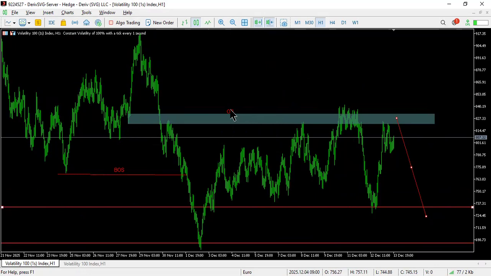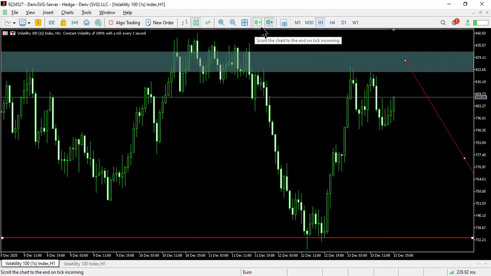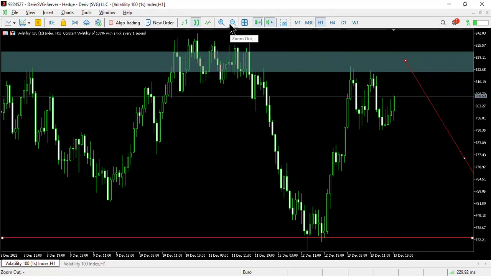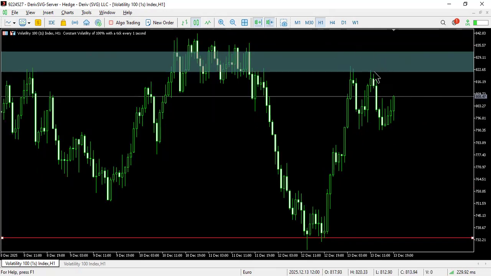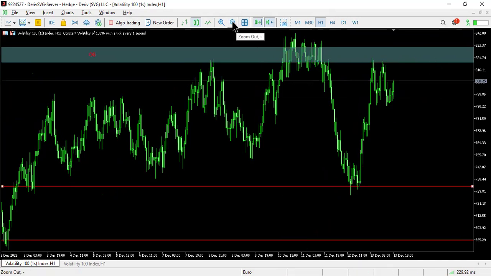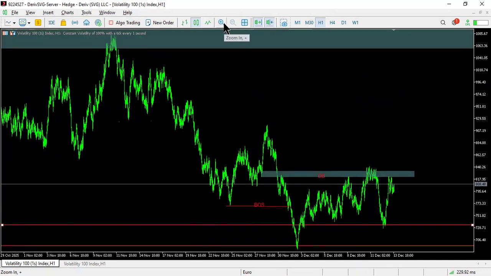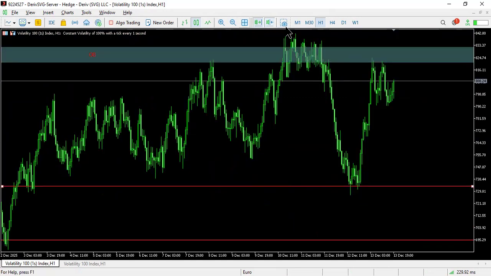Okay, it looks like price has rejected and we are pushing down. So we're just going to wait for a reversal candlestick pattern at that order block, and then we'll enter the trade, because our bias is still bearish.